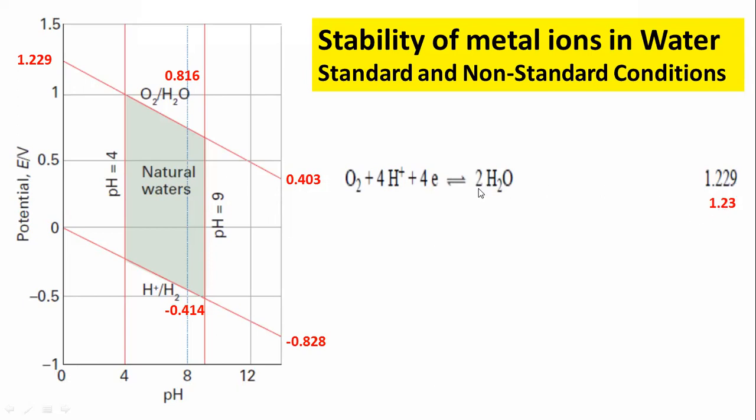So that means if the pH is zero, the hydrogen ion concentration would be unit concentration. When you take the natural log of the hydrogen ion concentration, it will be zero, because pH is equal to minus log of hydrogen ion concentration. That means at pH zero, there is a unit concentration of the hydrogen ion, then the potential will be 1.229.